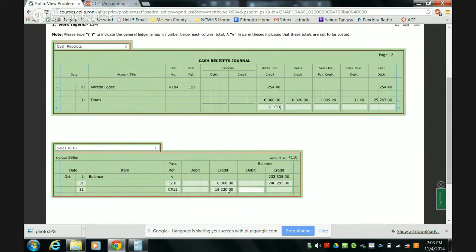I add that up. And I add it to it here. I've got $258,615. Okay. Parentheses 41.10.